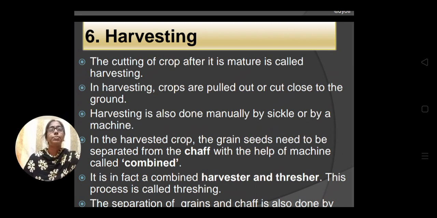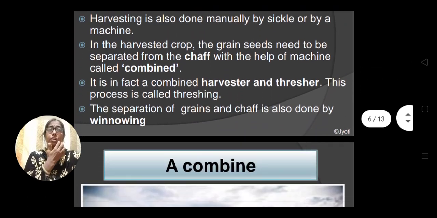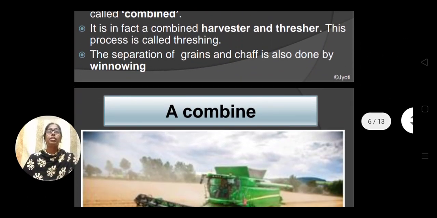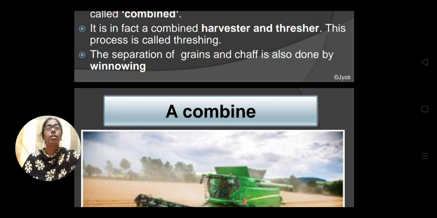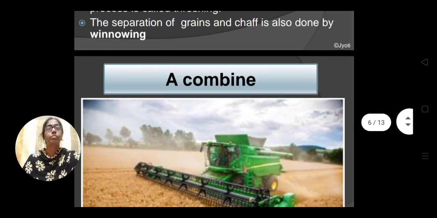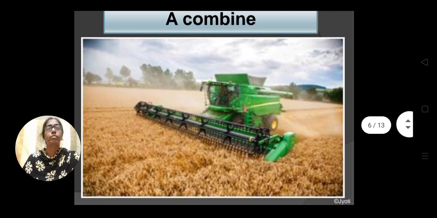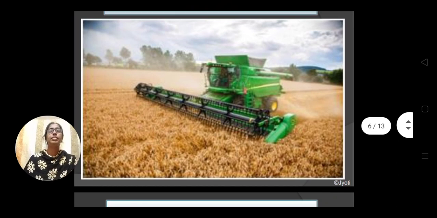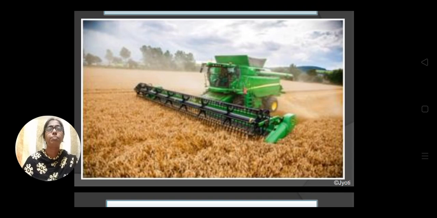So what is threshing? Here you can see this is a combine, and with the help of this combine the harvesting is done.